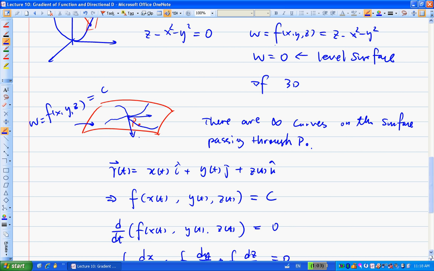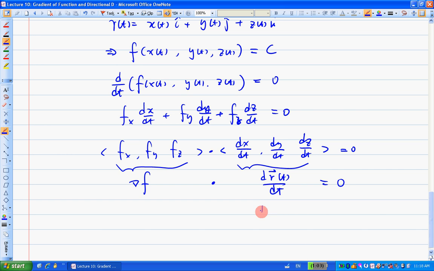Does that make sense? So this is a tangent vector. Tangent vector to what? It's the tangent vector to the curve R. However, you also need to notice, where's R?